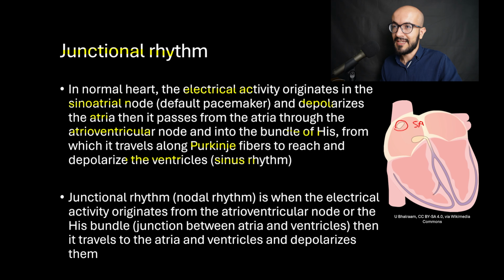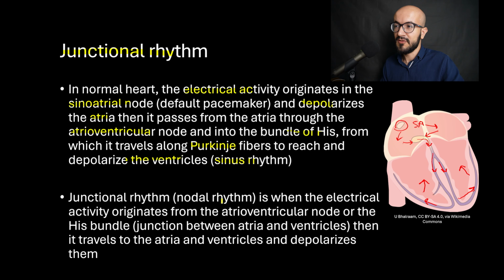So the electrical activity starts in it, and then it depolarizes the atria, and then it moves on to the AV node, which is a separate cardiac pacemaker, which acts to deliver the electrical activity to the bundle of His, and then to the right and left bundles, and then into the Purkinje fibers, where they depolarize the ventricles, and that is for the heart to work.